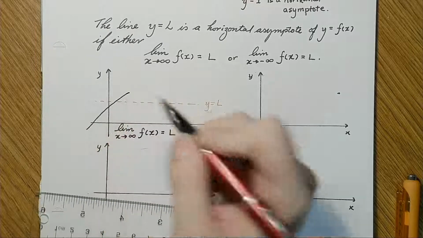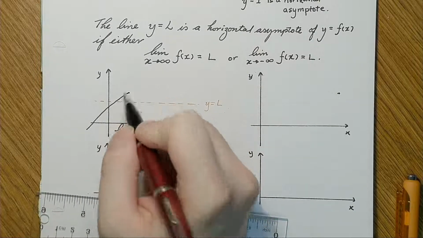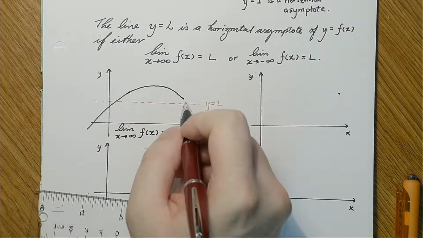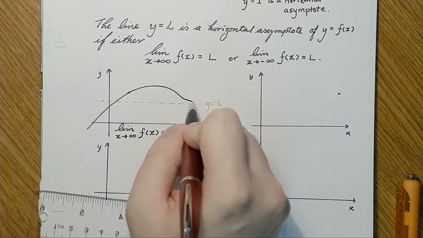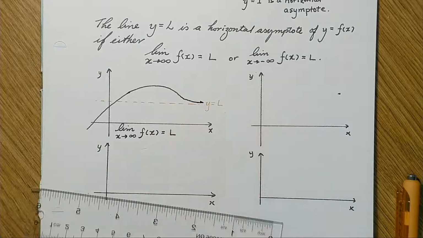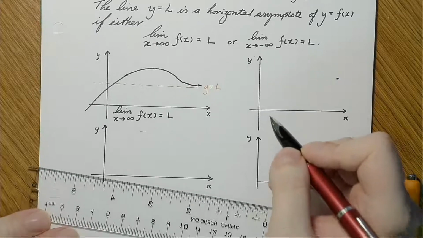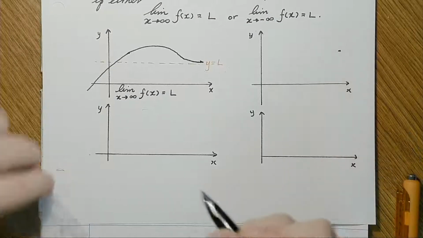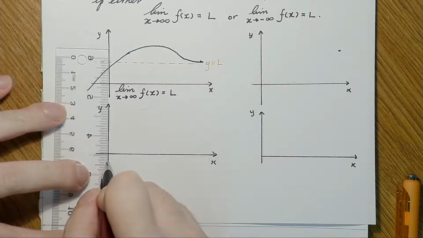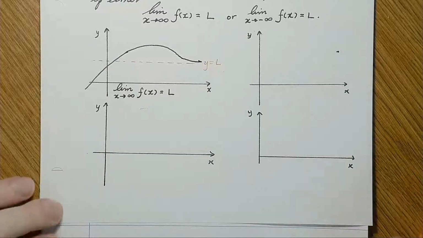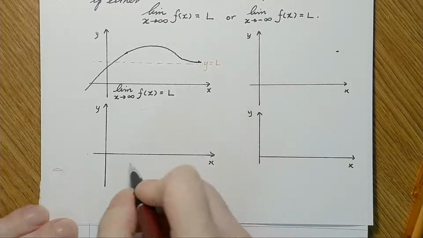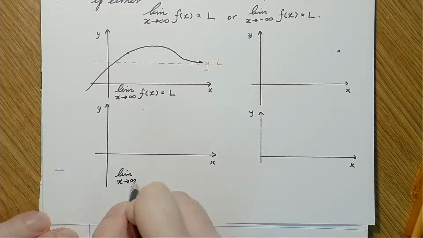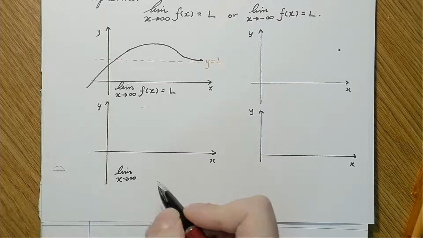It can actually cross the horizontal asymptote in the beginning at some point here. But again, it's the long-term behavior that we're interested in. So again, it approaches L. Something like that. Okay, maybe I'll extend this a little better. So what I could do on this one right here, I'm going to say that, again, here's another example of it going to positive infinity over this side.